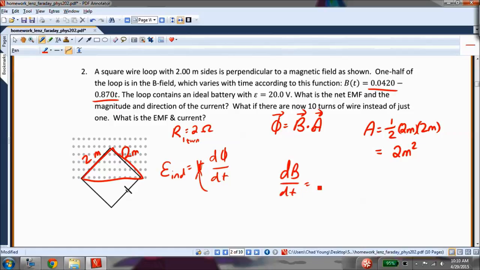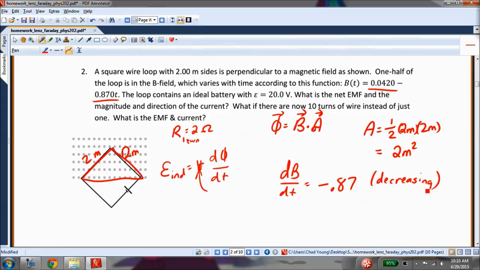If I take the derivative of that, I'm just going to get minus 0.87. So the magnetic field is changing at a constant rate equal to negative 0.87. Notice here that the magnetic field is actually decreasing, which will be an important fact later when we actually find the direction.